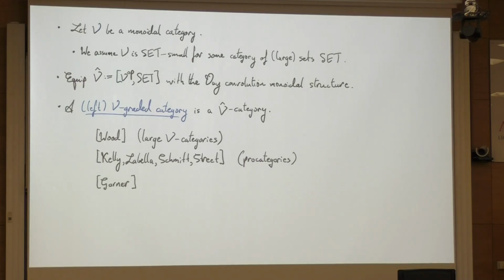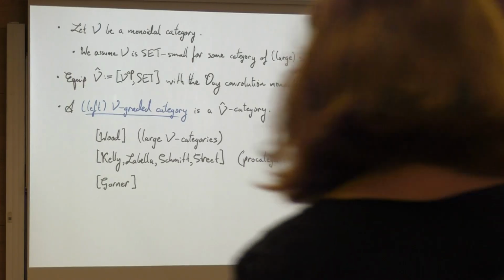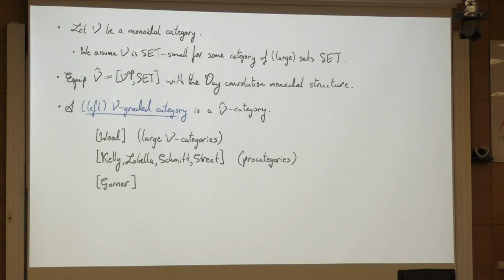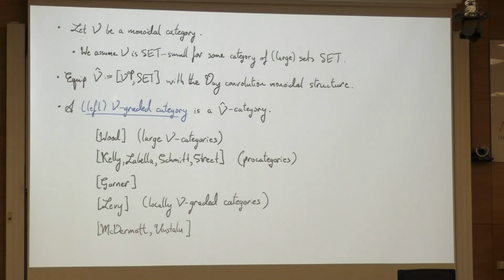As part of that, Garner described tangent categories as certain actegories and therefore as certain V-graded categories. And Levy has called these V-graded categories locally V-graded categories. So in terms of the terminology, I've just chopped off the word locally and arrived at the term V-graded categories. And V-graded categories have been employed very recently by McDermott and Uustalu in computer science.